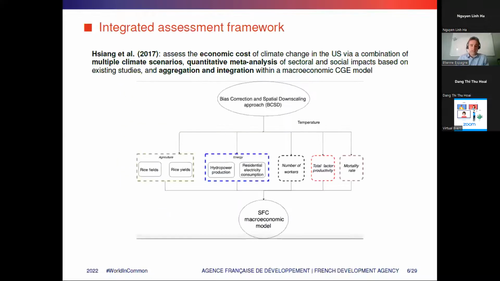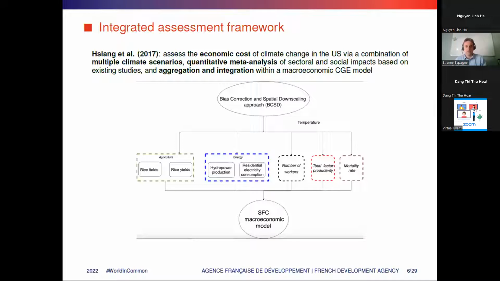So key aspects of the method. Actually, we were inspired by different sources in the existing literature, but one of those was this paper by Xiong and co-authors from 2017, published in Science, which tried to assess the economic cost of climate change in the US via a combination of multiple climate scenarios on one side, quantitative meta-analysis of sectoral and social impacts based on all kinds of existing studies on the other side, and then an aggregation and integration within a macroeconomic CGE model.